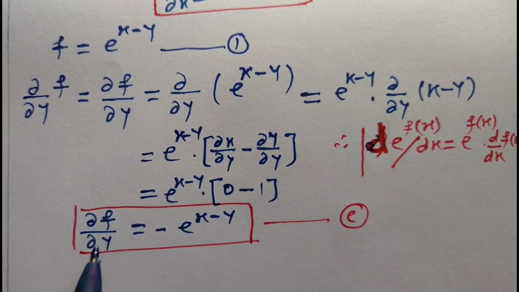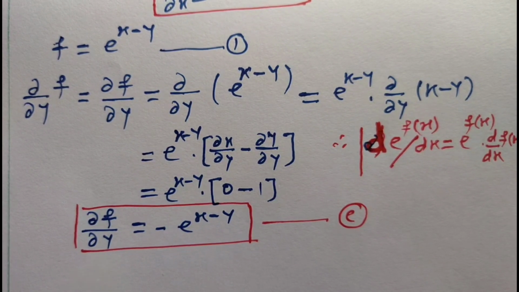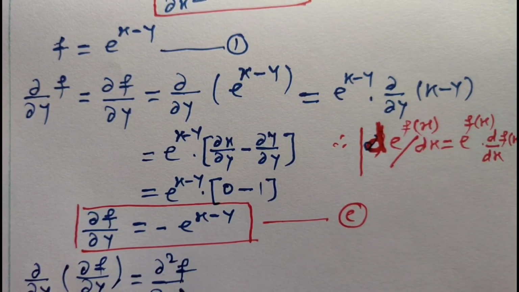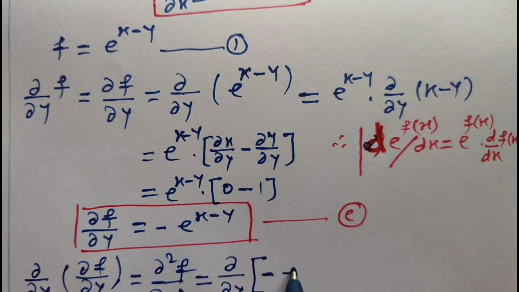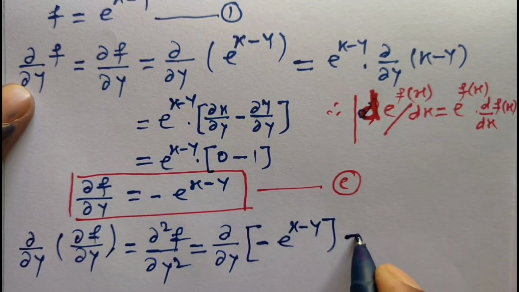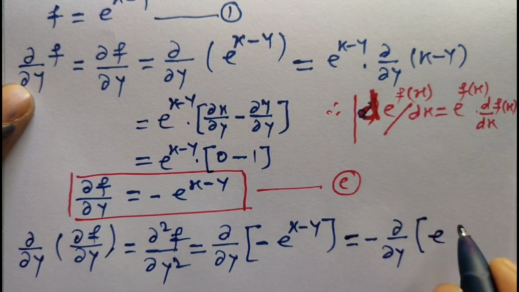Now on both sides of this result we have to partially differentiate with respect to y again to get ∂²f/∂y². So the partial derivative of ∂f/∂y with respect to y is equal to ∂²f/∂y², and this is equal to the partial derivative with respect to y of the right hand side of this result, that is minus of e to the power x minus y, and then this can be written as minus of the partial derivative with respect to y of e to the power x minus y.